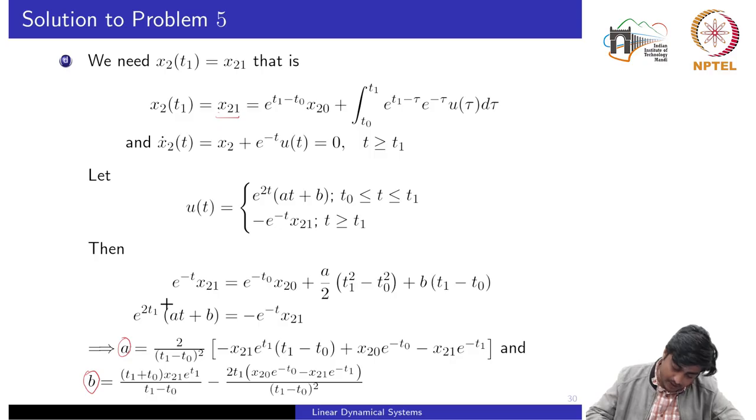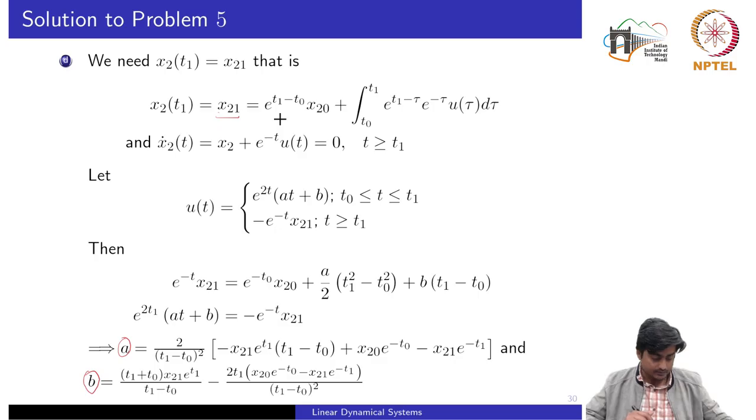Putting these in, this control signal, which is again an open loop control signal with no feedback path, which would be the topic of week 5, has given us the desired objective: the state trajectory has reached x21 at time t1 and stays there afterwards.